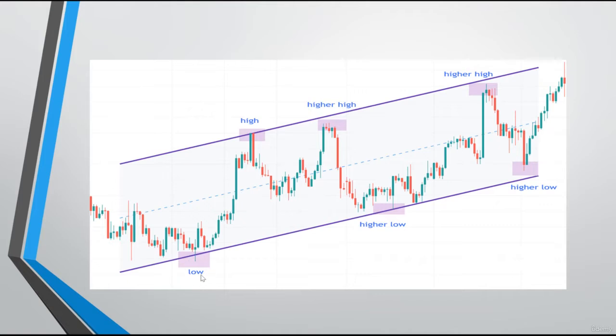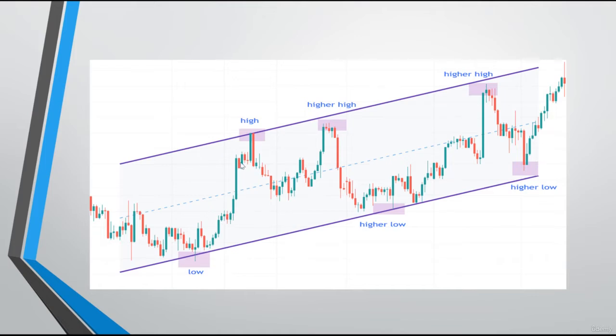The price is somehow lower than the previous reaction or the previous price.